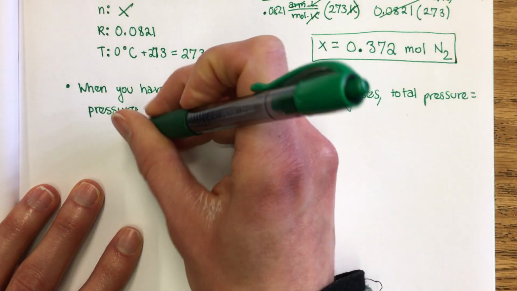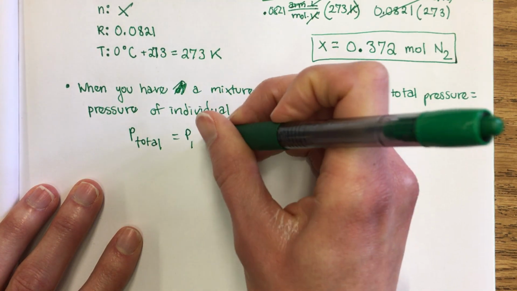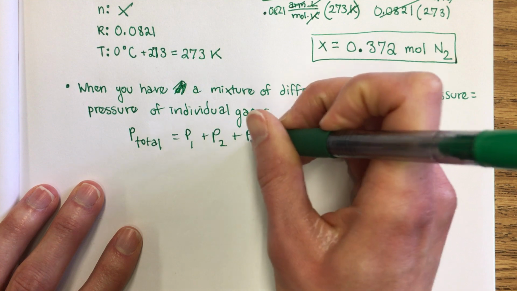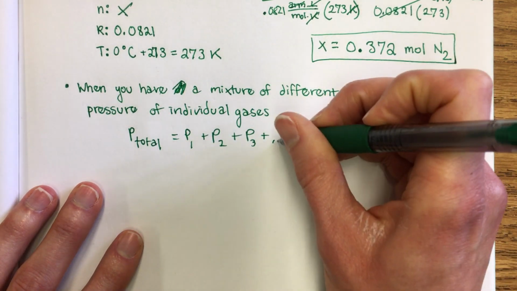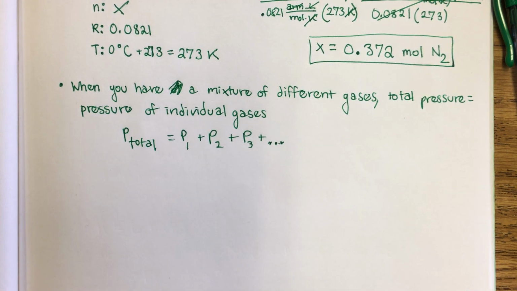So there's an equation for this: P total equals P1 plus P2 plus P3 plus as many pressures as you have. This is just saying if you have multiple gases together, just add up their pressures.